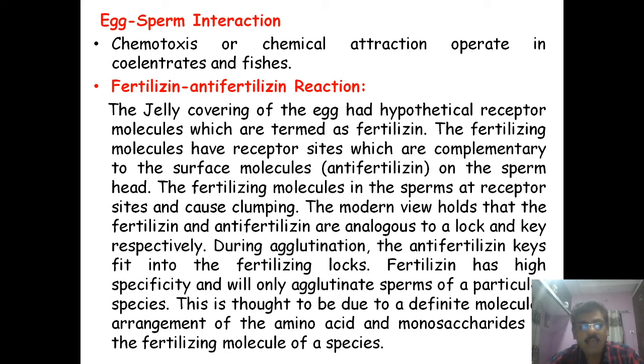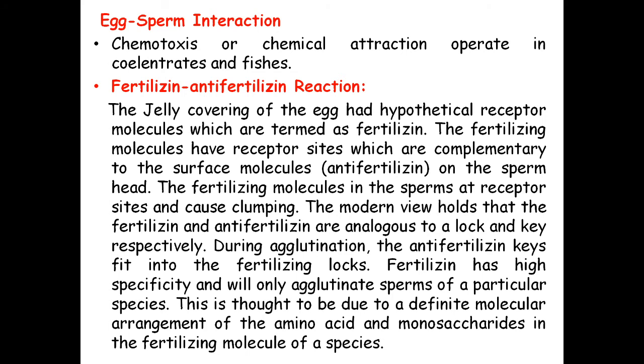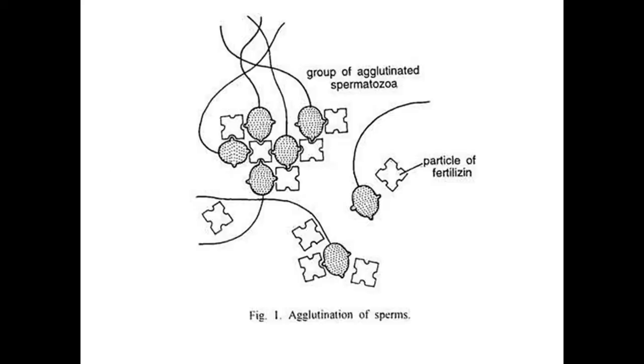Fertilization has high specificity and will only agglutinate the sperms of the particular species. It is thought to be due to a definite molecular arrangement of amino acids and monosaccharides in the fertilizin molecule of the species.